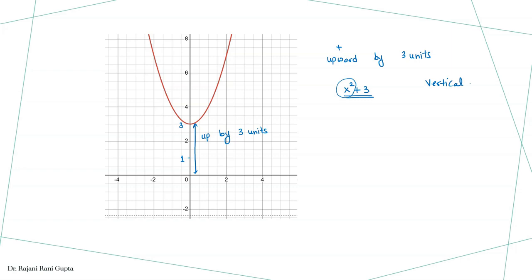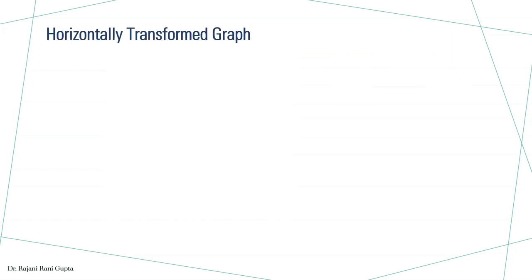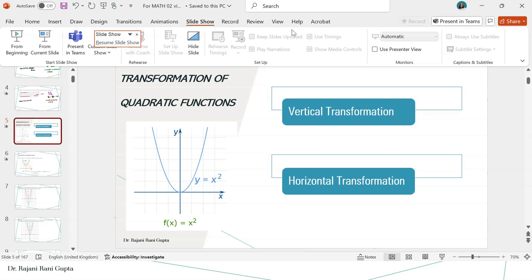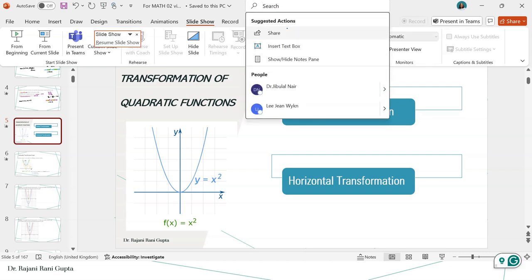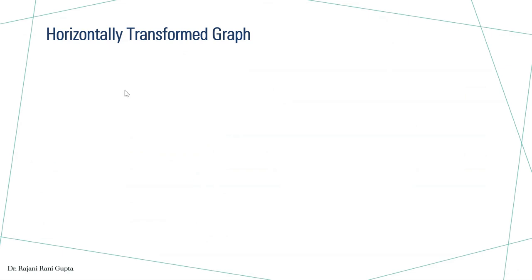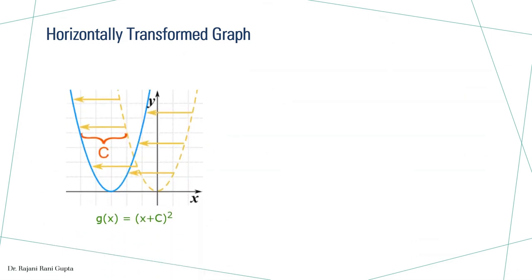Now, moving to next. The next transformation is horizontal transformation. Horizontal means either left or right. So when this is your original graph, because this is 0, 0, blue is the modified graph. So what you see? It moved towards the left. Correct?